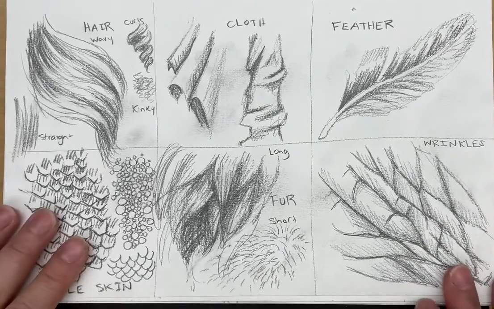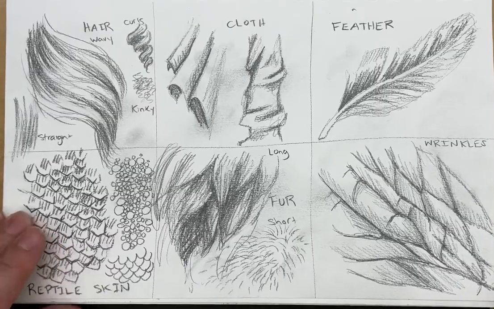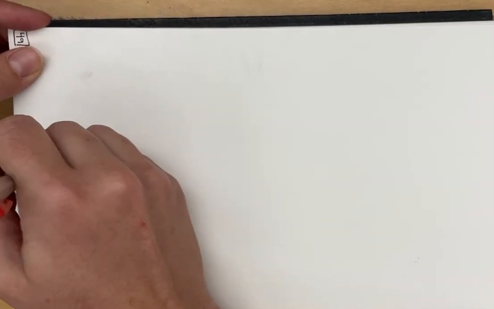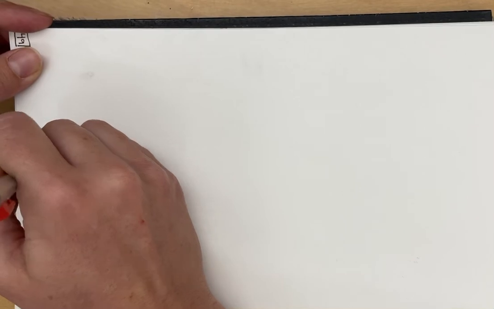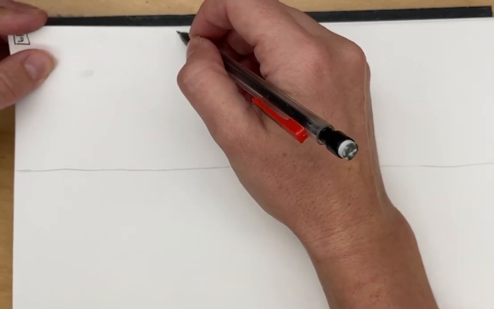So we're gonna try all these textures that you would see on living things. So what I would do is first open up your workbook to a new page, and then put a line through the center horizontally, and 2 vertical lines.